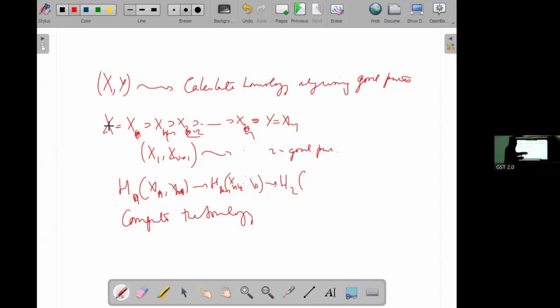So it's a good pair in the sense that H_n relative to H_{n-1} is exactly the direct sum over the n cells, and everything is finite. Then there is a boundary map which goes to the n minus 1 cells, then n minus 2 cells, and so on. You get a complex like this, and that complex will actually compute the cohomology of the space.